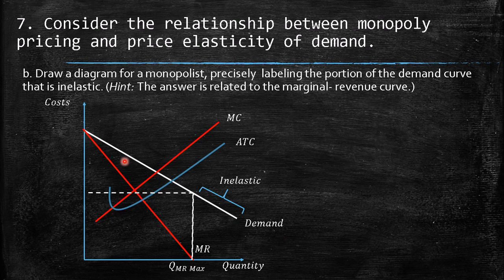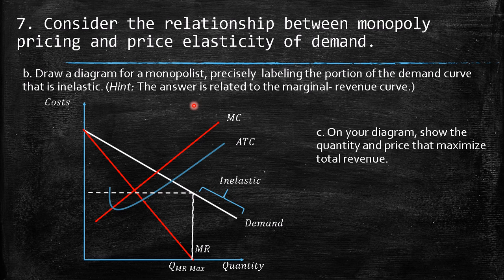So then this one should be inelastic. For this reason, this is the part of demand that is inelastic, where the monopolist won't charge, because they will charge under the elastic part. So then on your diagram, show the quantity and price that maximize total revenue.